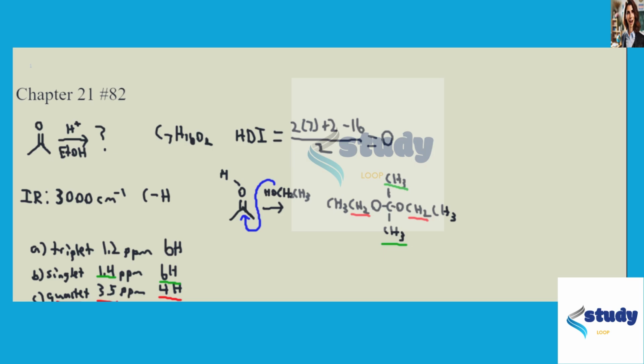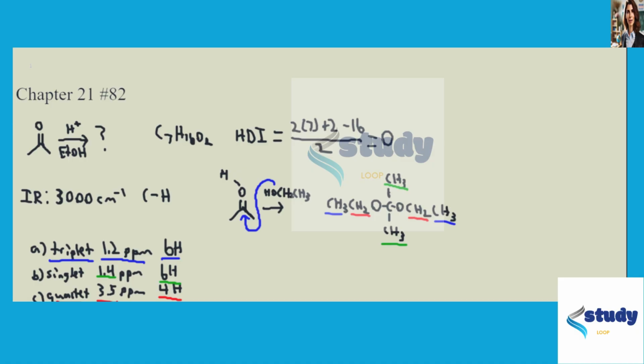Lastly, we need to see if our last piece of spectral information fits. Another integration of 6, and indeed these two methyl groups would add to 6. A chemical shift of 1.2 makes sense for methyl groups, and a triplet would indicate that they have 2 neighbors. Indeed, those protons do have 2 neighboring protons on the next carbon.